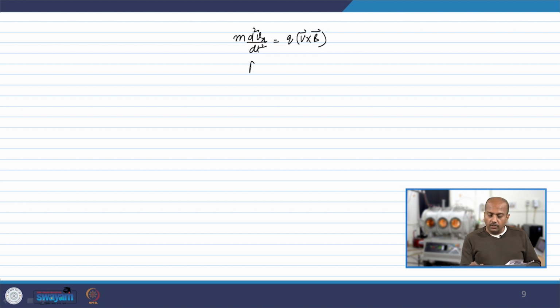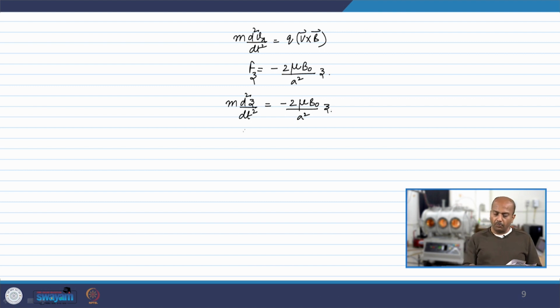So F z is minus 2 mu B naught by A square times z. So m d square z by dt square is minus 2 mu B naught by A square times z, right.